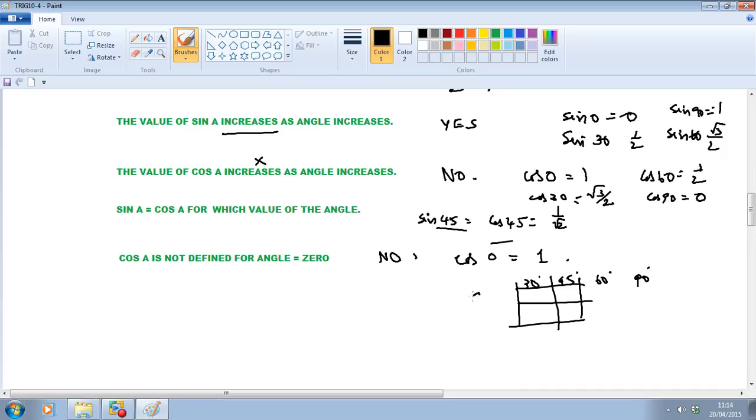You write here sine, cos, tan and so on. You try to repeat the writing, and you can check with the available values, so that you will be able to remember how the different trigonometric ratios work.